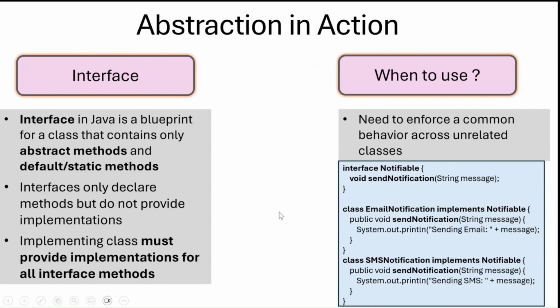Now, when we want to send notification using email or SMS notification, using the interface Notifiable, they can call the sendNotification. So the outside world is abstracted using the interface. They can interact using the interface and the sendNotification method. And based on the object reference, they can call the EmailNotification or SMSNotification, right? So this common behavior of sendNotification can be achieved using an interface.